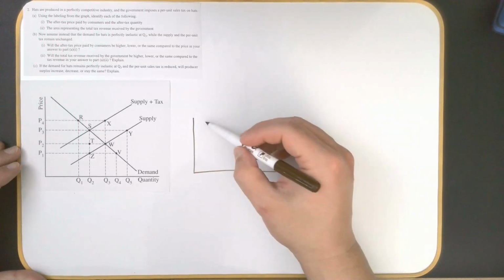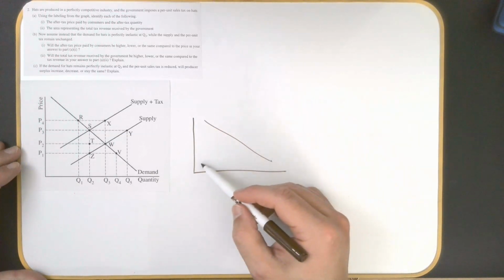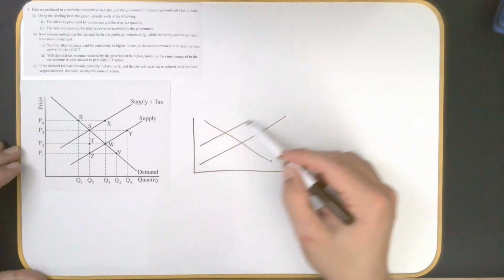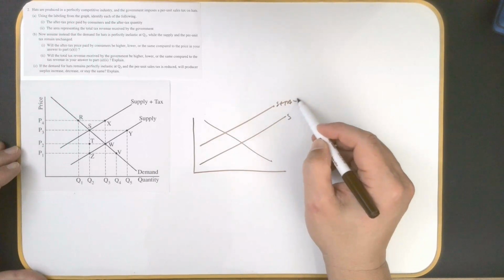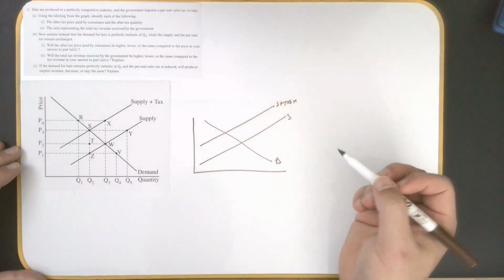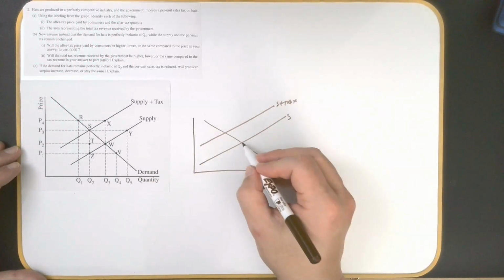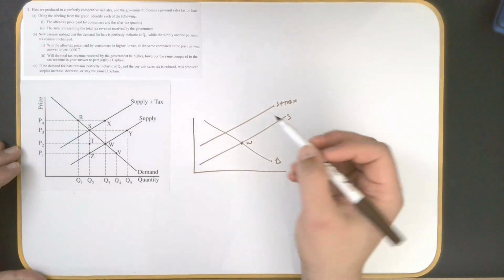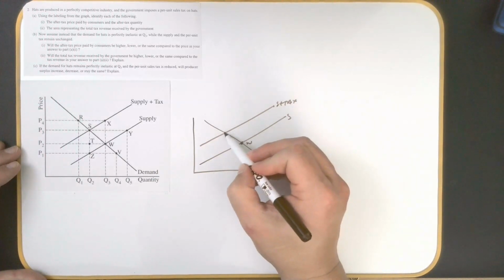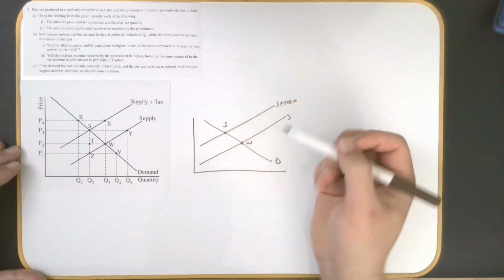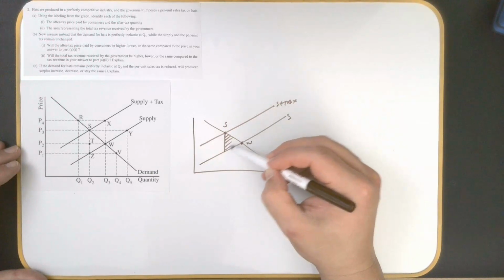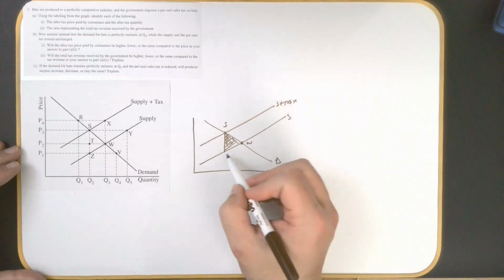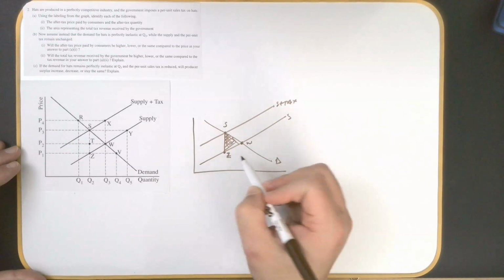If it's more of the traditional type of question that I was just drawing, and here's my S, and here's my S plus tax, and here is my demand curve, well, then it looks like this point right here, that's W, and then where it intersects again, this here would be S. And then it looks like this is our deadweight loss triangle right here. So it looks like this point right here, that is Z.